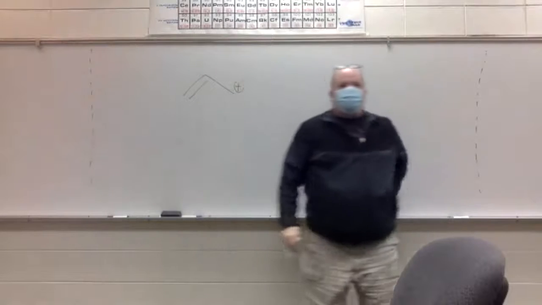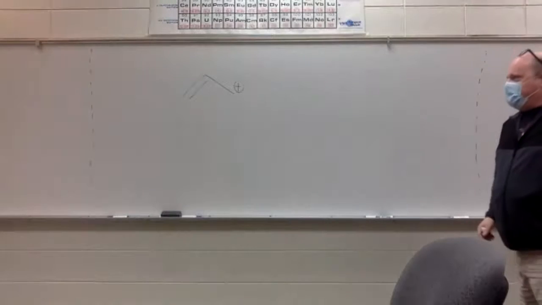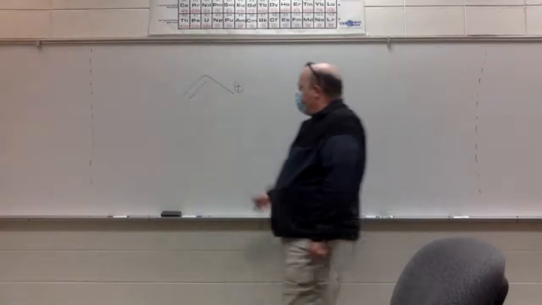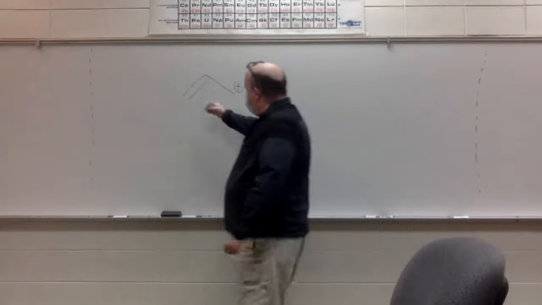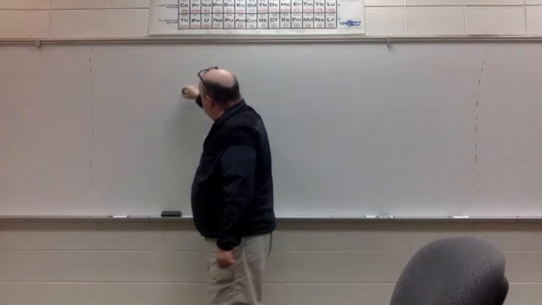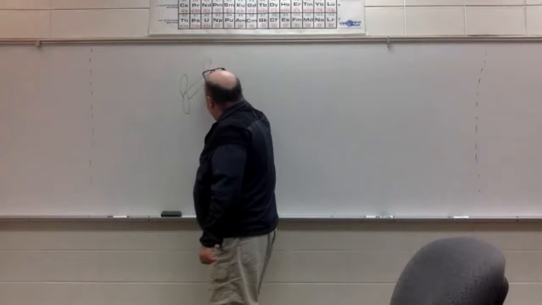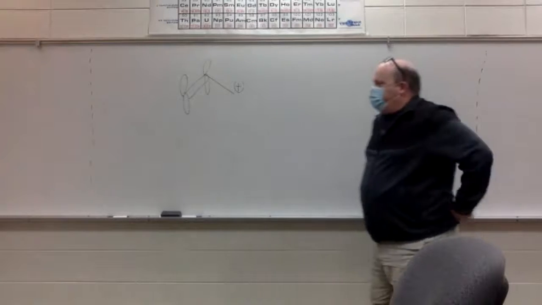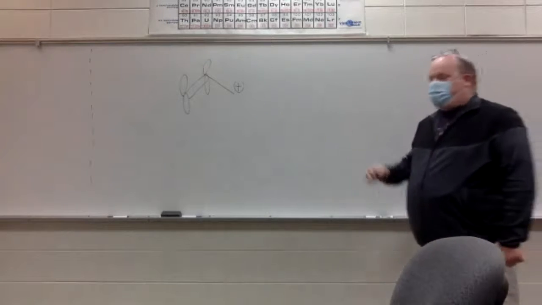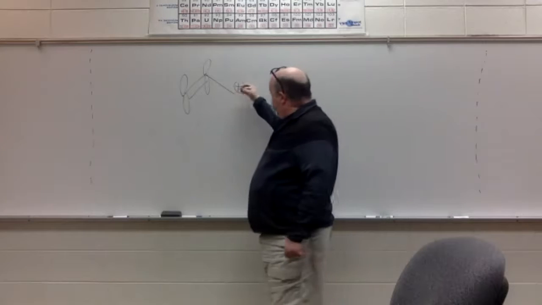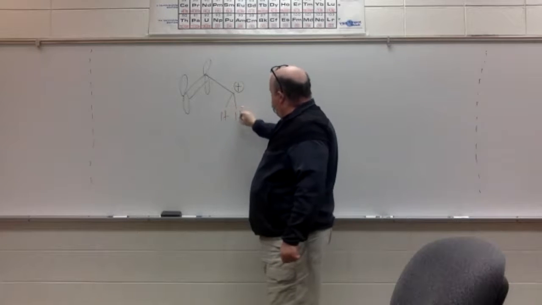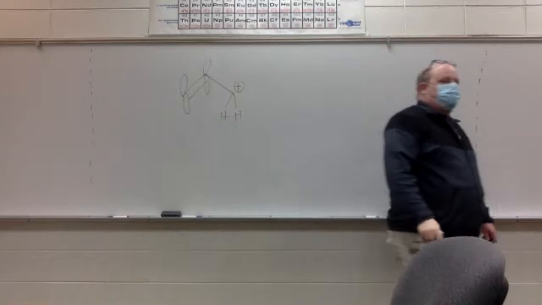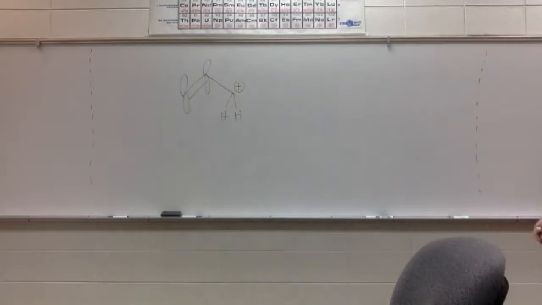Y'all remember this? Allylic carbocation. These two carbons are obviously sp2 hybridized. Hopefully you can tell that by now. So they have available p orbitals. This carbon, since it's positively charged, it's only got 6 electrons. This means it's only got 2 H's off of it.